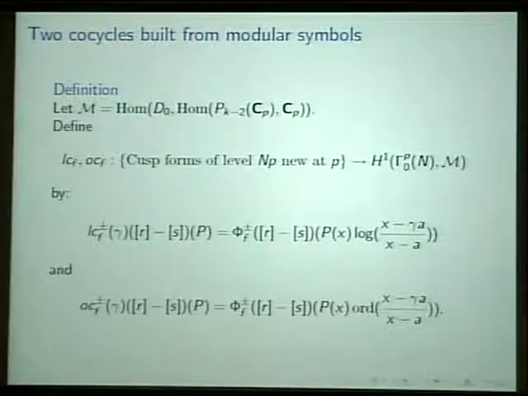And I'm going to define now two cocycles. If I start with a cusp form of level NP, which is new at P, there are going to be 1-cocycles for this group gamma naught P of n with values in this space M. And they look very similar to what we did with the LT invariant. So we take phi f.